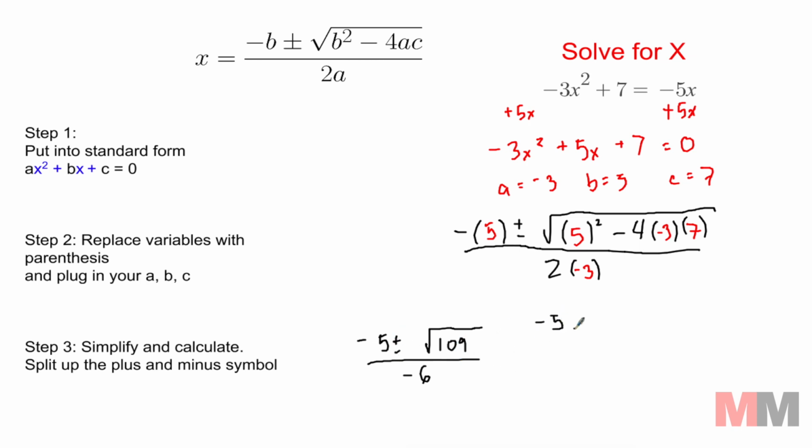One will be -5 plus square root of 109 divided by -6, and that is approximately 0.91. One of your answers, and the other one is -5 minus square root of 109 divided by -6, and that, when you round it, is approximately 2.57.